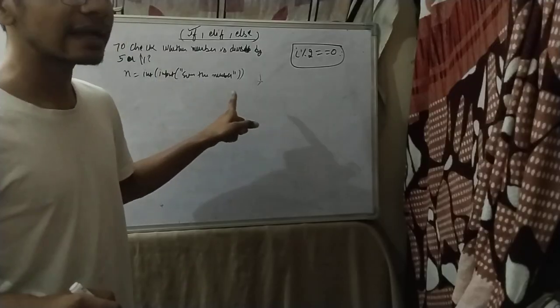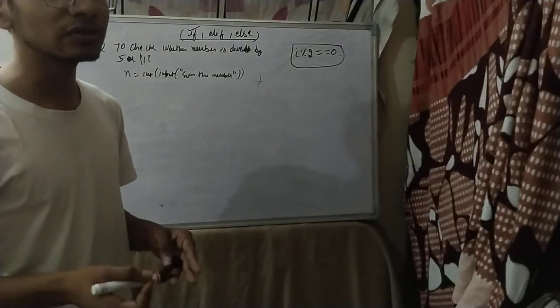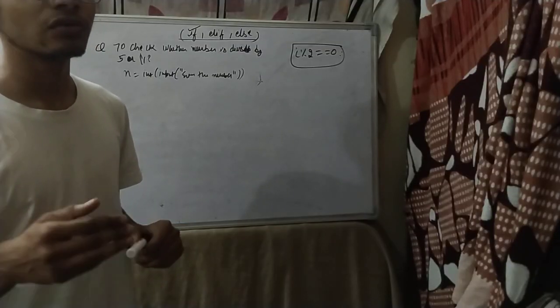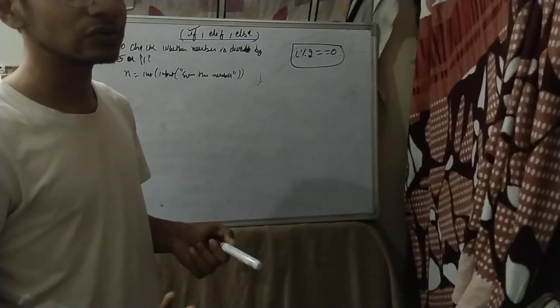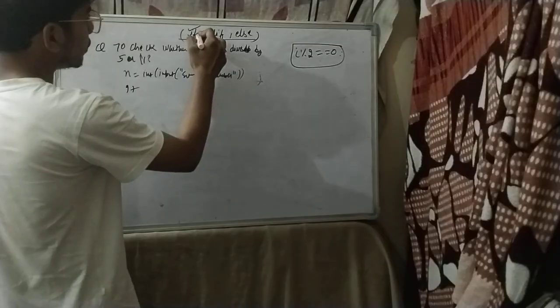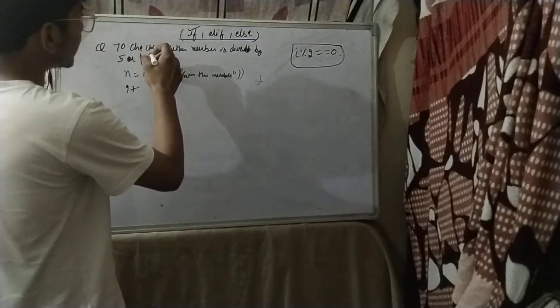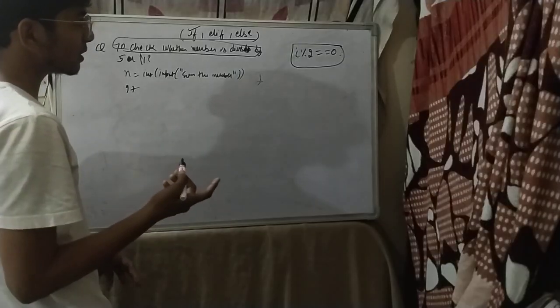So we already write enter the number, which we are going to show in the output. It helps to do the code properly, because we are going to take input from the user. So we are going to use if else condition, according to the question.